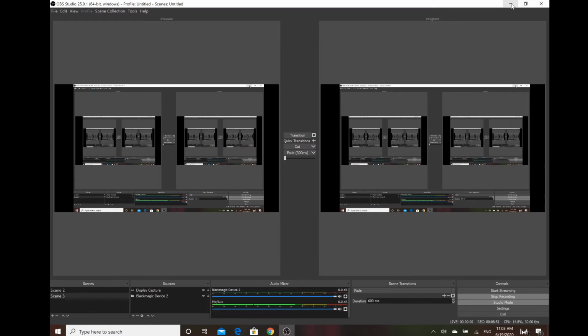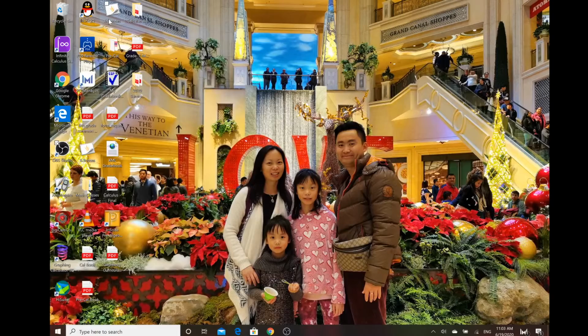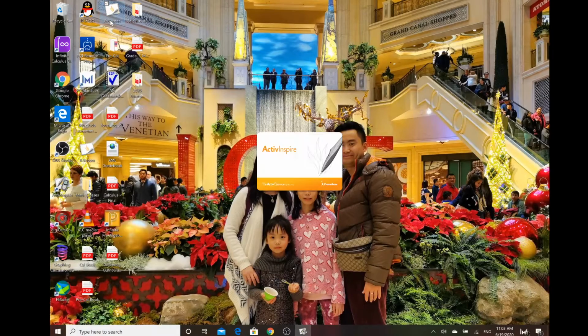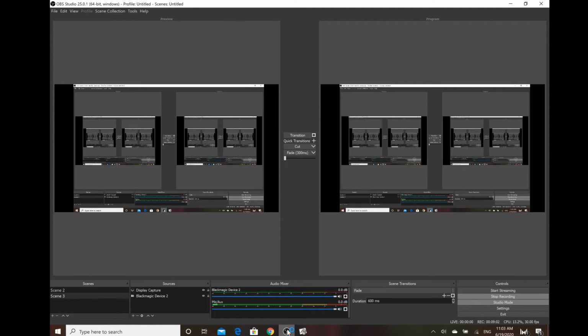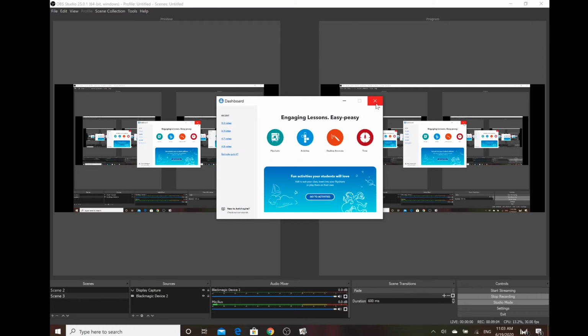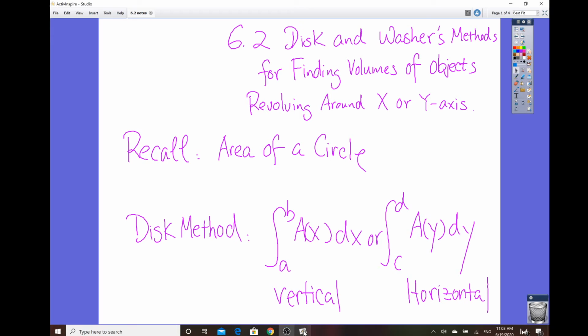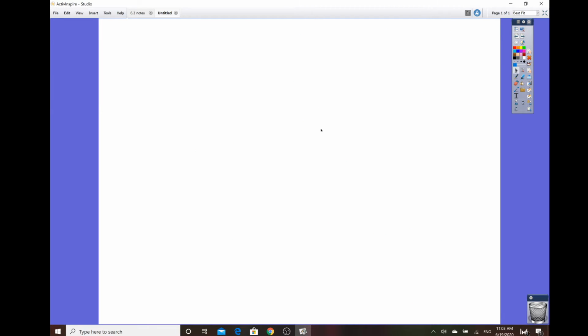Let me just turn on the ActiveInspire. Don't worry about this part. Since we have a circle, let me show you that real quick. Looks like I need to use a compass.